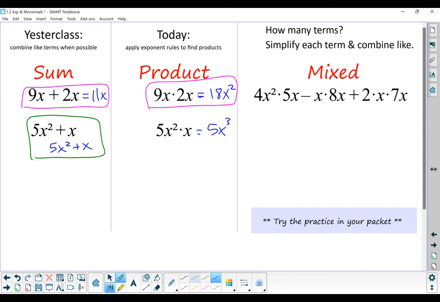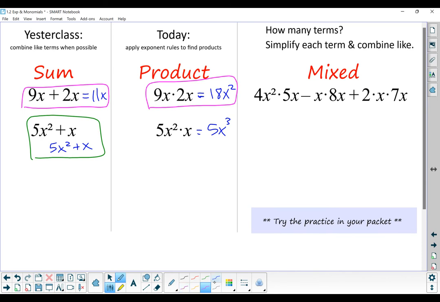So an expression like this looks very complicated. And unfortunately, sometimes our brains like to group things that aren't grouped. So right now there's no parentheses here. But sometimes when people see this 5x minus x, they want to combine it. But what you really need to think about is the terms in the expression.